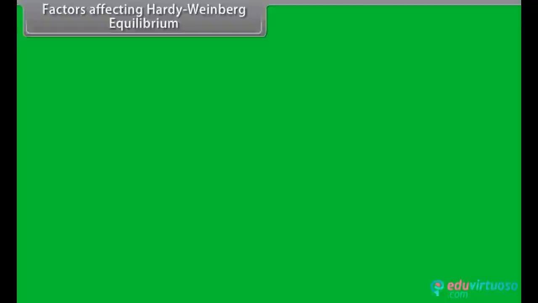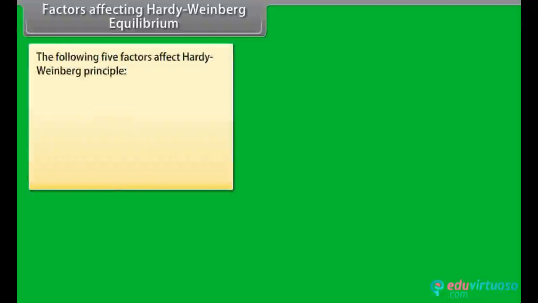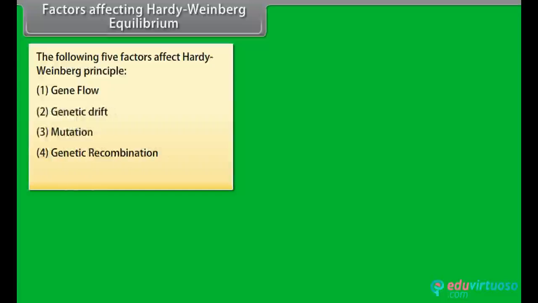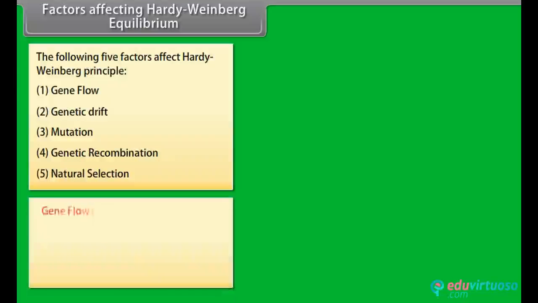Factors affecting Hardy-Weinberg Equilibrium. The following 5 factors affect Hardy-Weinberg Principle. Number 1. Gene flow. Number 2. Genetic drift. Number 3. Mutation. Number 4. Genetic recombination. Number 5. Natural selection. Gene flow.